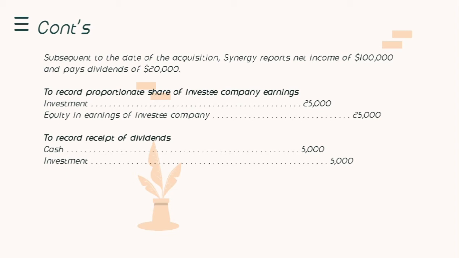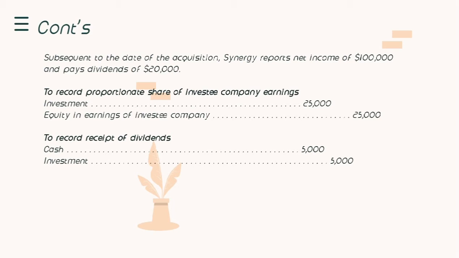So Global Corporation records its proportionate share of Synergy's earnings as investment debited 25,000 and equity in earnings of investee company credited 25,000.